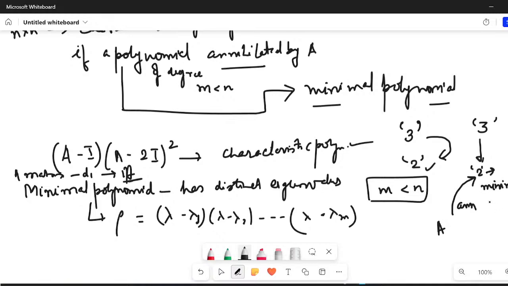But if you cannot find a quadratic one which is satisfied by your matrix, then it implies that your minimal polynomial is equal to your characteristic polynomial only. Yes or no? Please let me know here, yes or no.